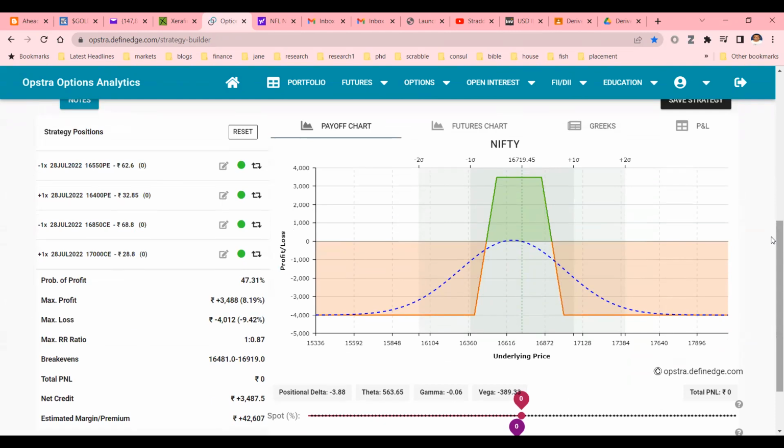Can we say it may just do that? It may go up and down, but it may stay between that. Yes. So I think this is a reasonable strategy here. Sell the iron condor. Now let's look at the payoff on buy iron condor.